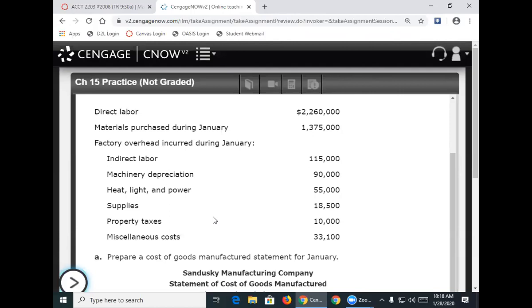But it's not that simple in manufacturing, because the biggest thing to remember is each of these inventory accounts has beginning and ending balances. So every period, we have to calculate how many materials were actually used in production. We add up all our production costs and figure out how much is still in work in process and how much is actually finished.